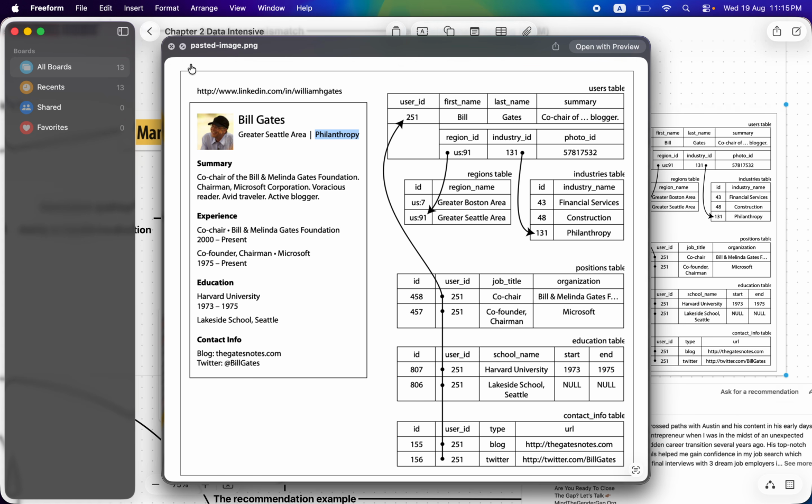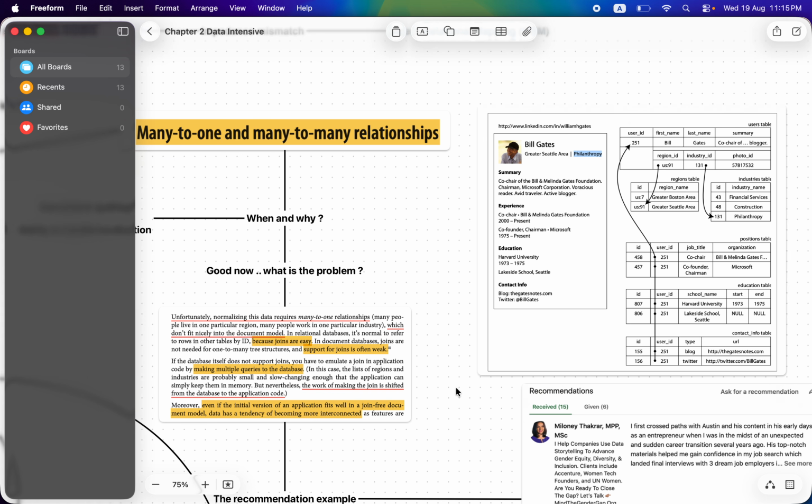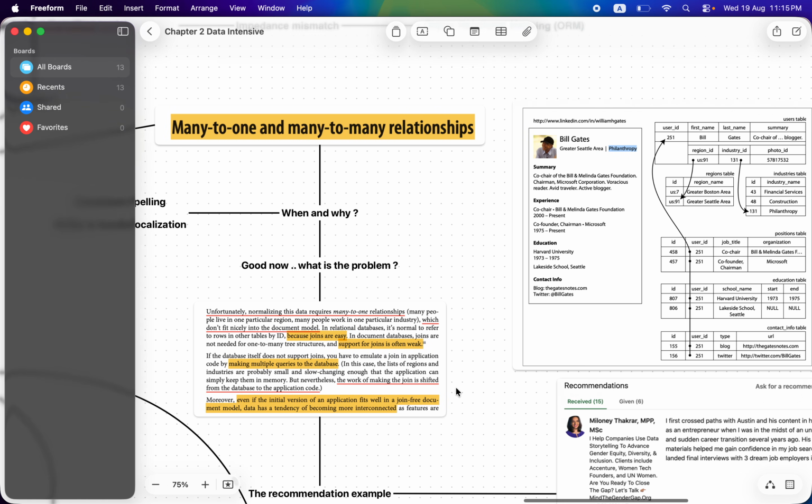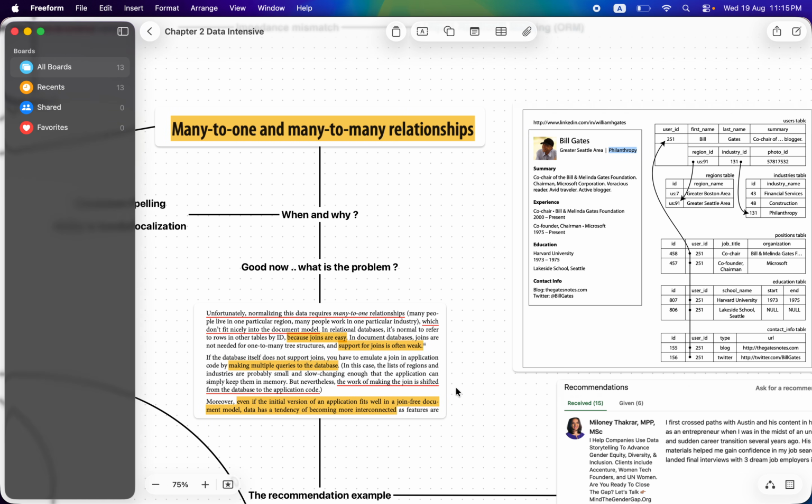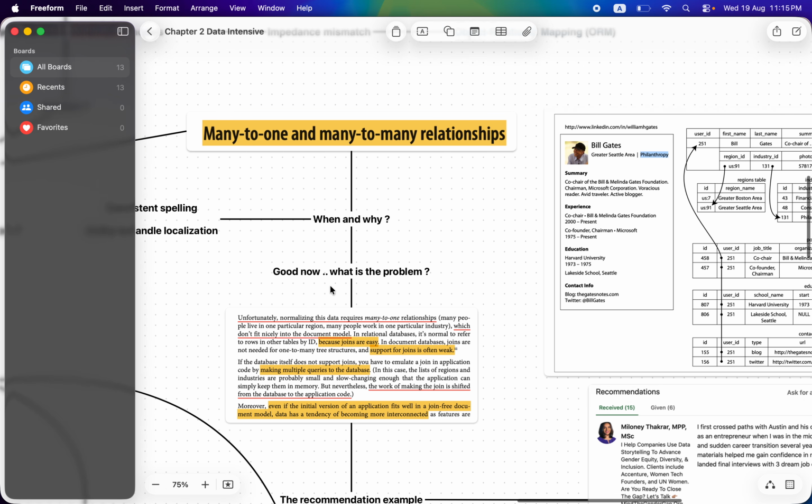So in here it asked a question: which is better, letting the user enter his or her region as a text input, or selecting it from a drop down? Okay, the answer usually would be the drop down. Why?